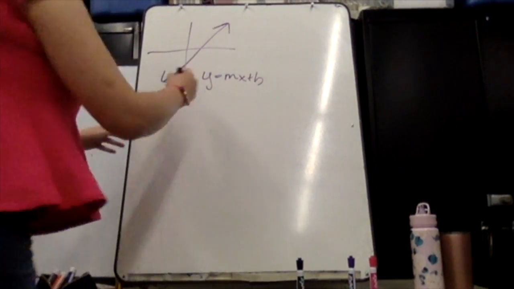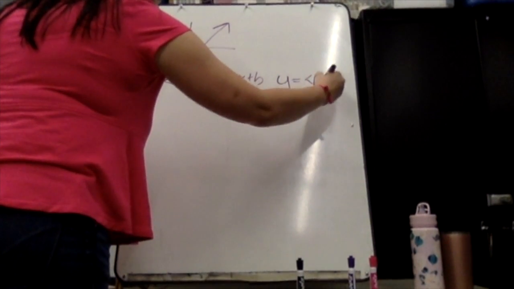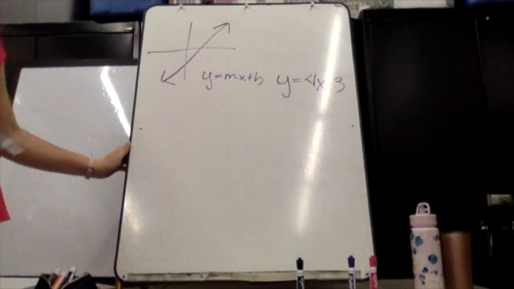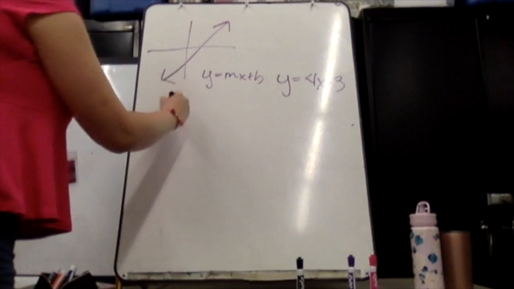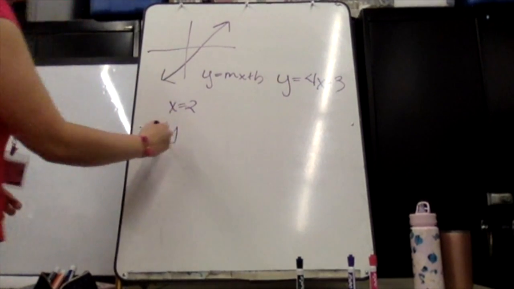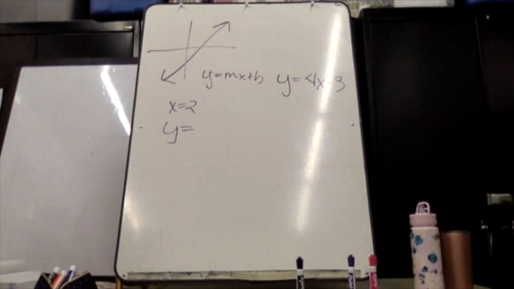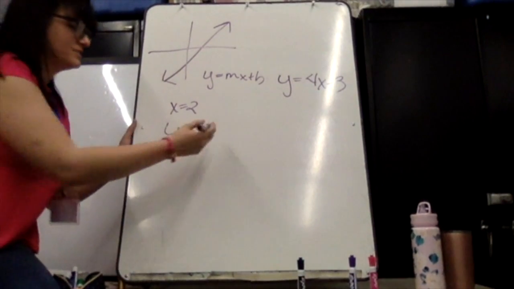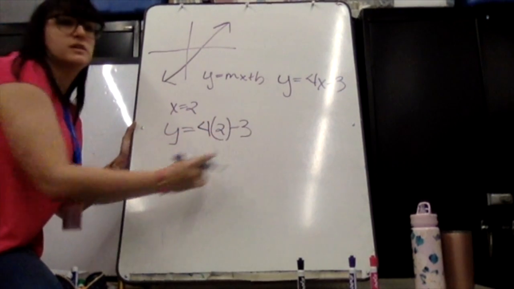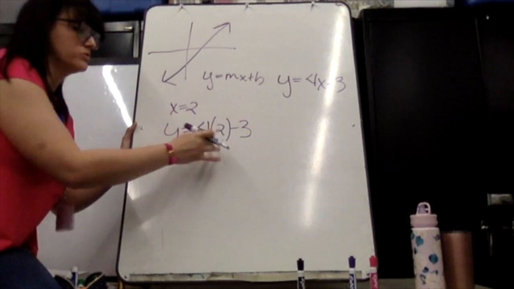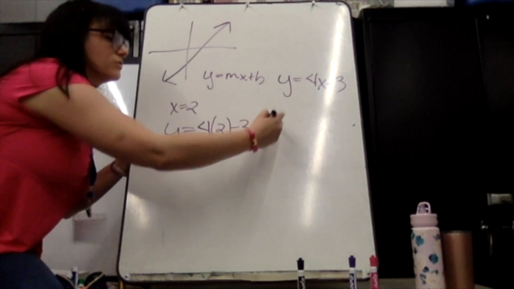So, say we want to find out what y is. We have y equals 4x minus 3. We want to find out what y is when x is 2. So y equals 4 times 2 minus 3. To find out what y is going to be, we need to multiply that 2 by 4, and then we get 8 minus 3, which is 5.